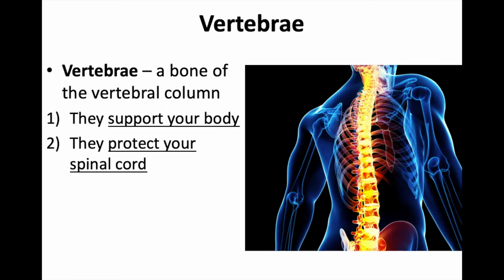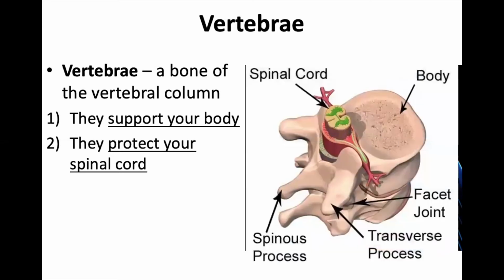And the bones are also there to protect your spinal cord. Vertebral bones and spinal cord are not the same thing. Your spinal cord is actually a bundle of nerves inside the bones. So the bones have a hollow space where the spinal cord is resting. And that's what I mean. The thick part of the bones is your weight support.